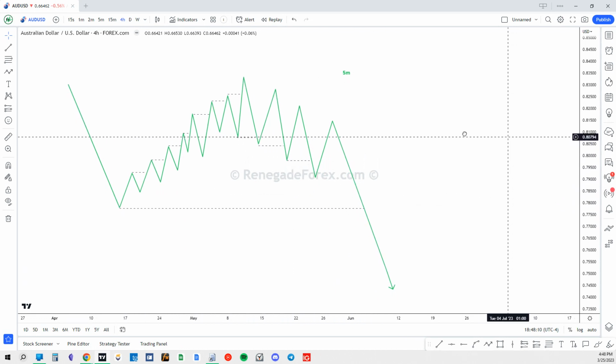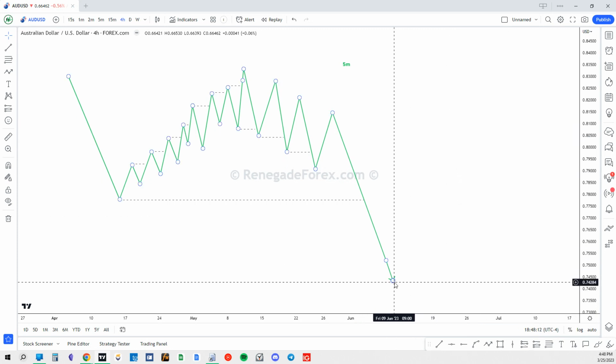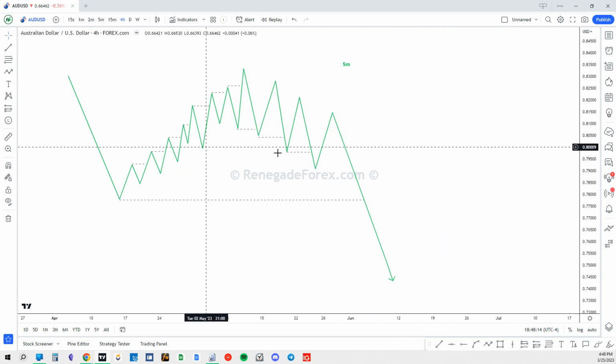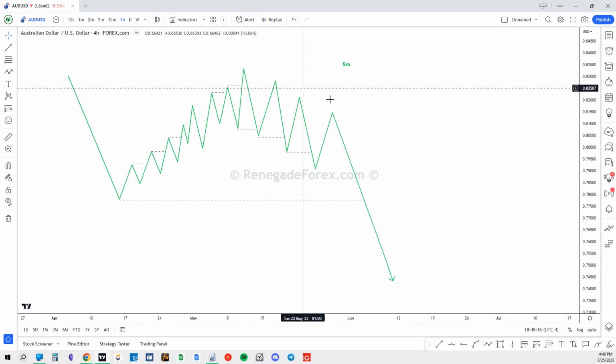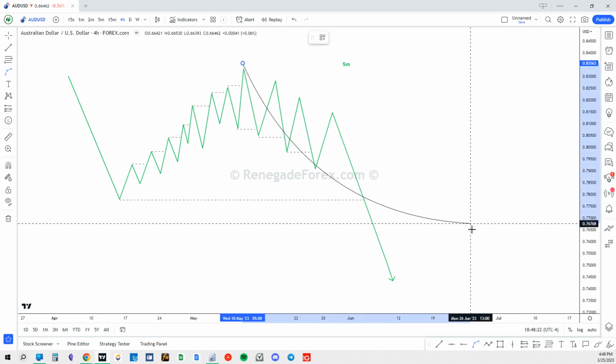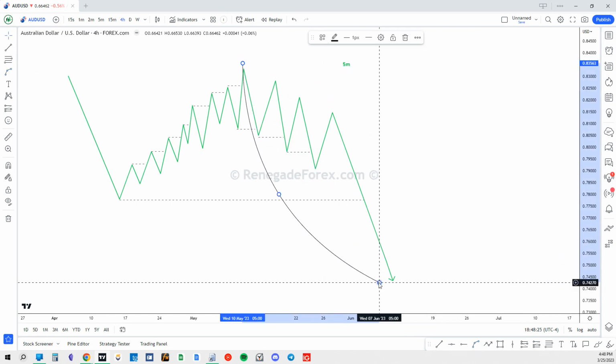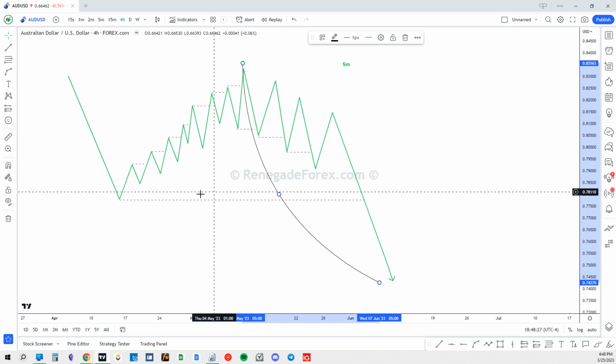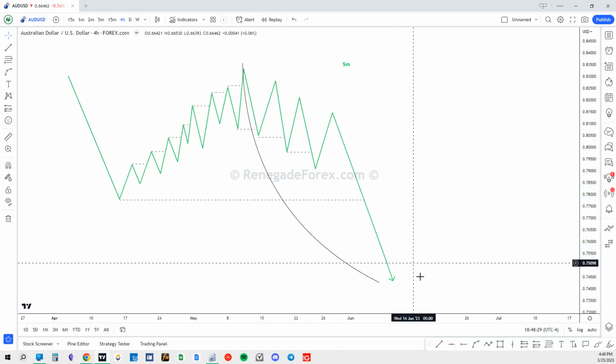At this time, we would expect price to trade back up into this entire range that's formed, which on this chart is from this high all the way down to this low. So this entire range is the newly created swing range.